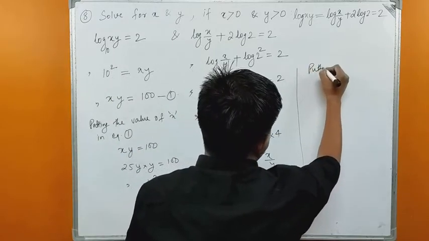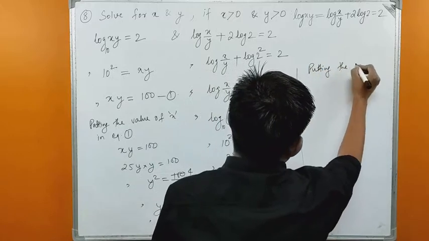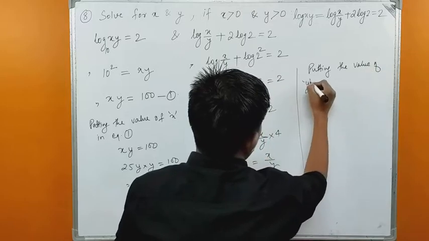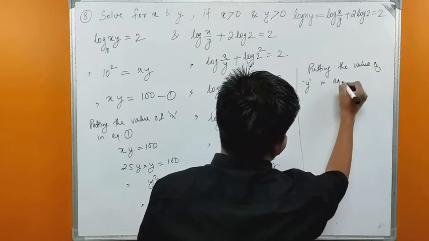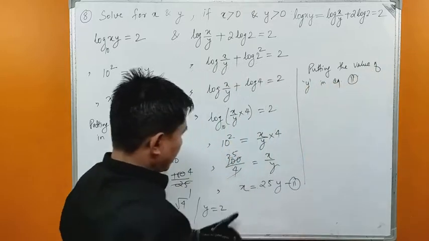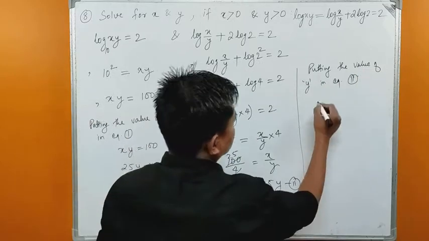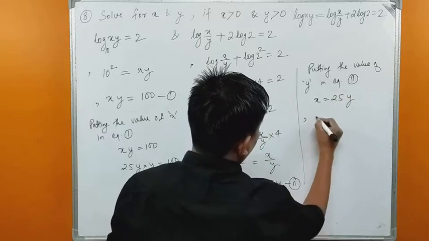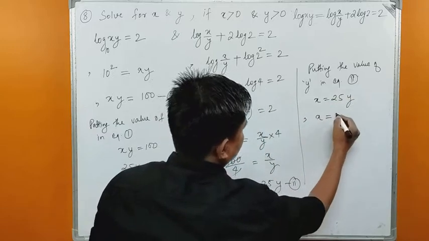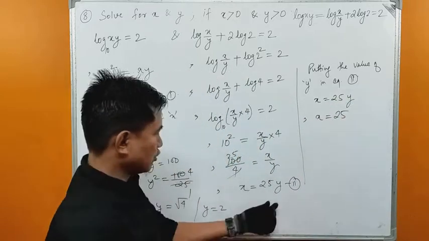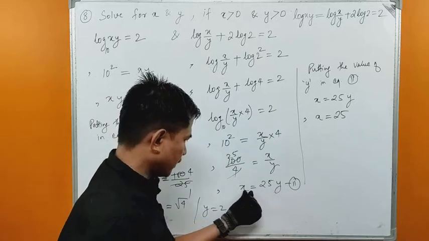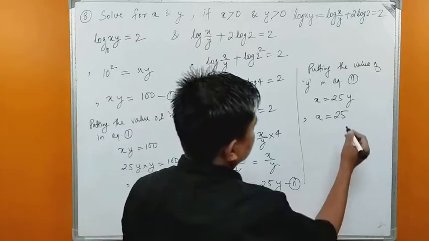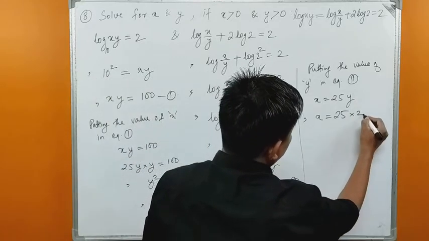Putting the value of y in equation 1 or equation 2, we can find the value of x. In equation 2, x equals 25y, and y is 2, so instead of y I write 2.